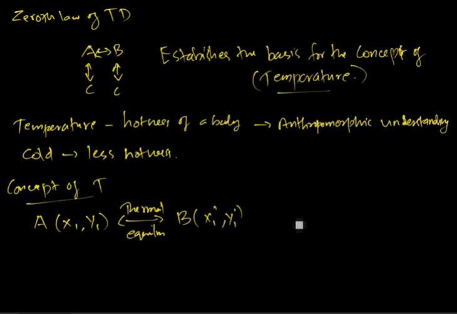Now the system A is removed and its state changed. There will be found a second state of the system A characterized by the parameters x2, y2. Suppose that is in thermal equilibrium with the system B in the state x1 prime, y1 prime itself.